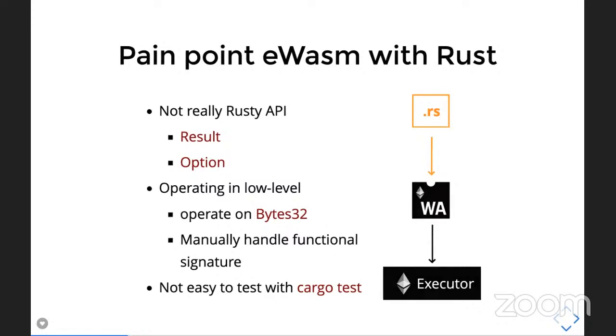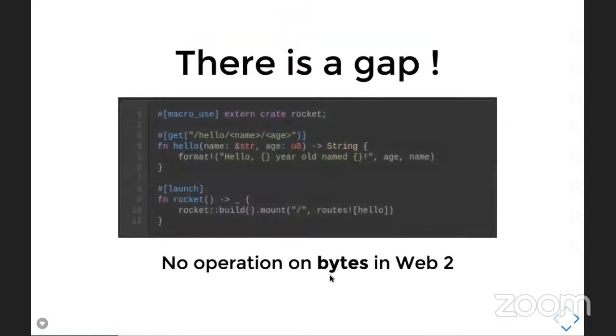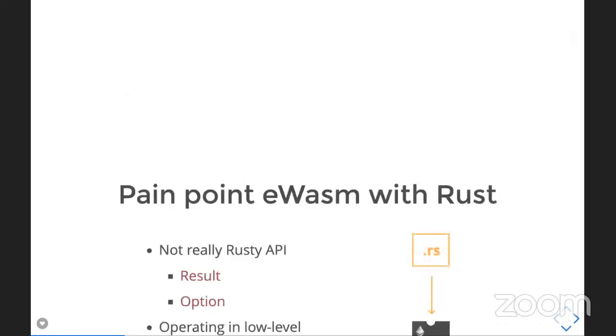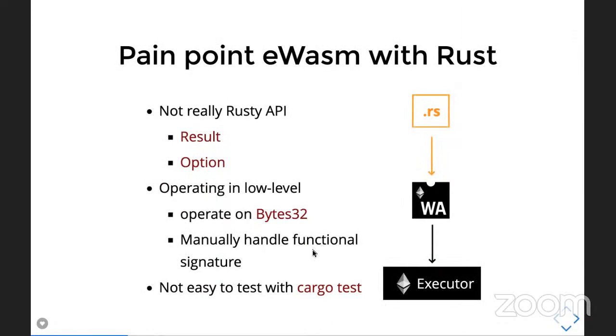We can see that if we use Rocket in Web2, routing is really easy. We just use get and a URI here, and everything will be okay. It can be routed. But in blockchain, we use the function signature to route the request to the handler.